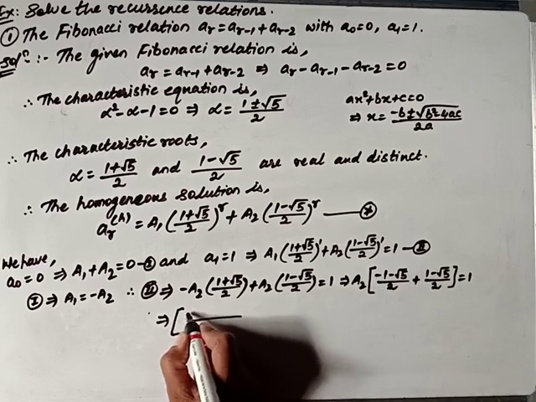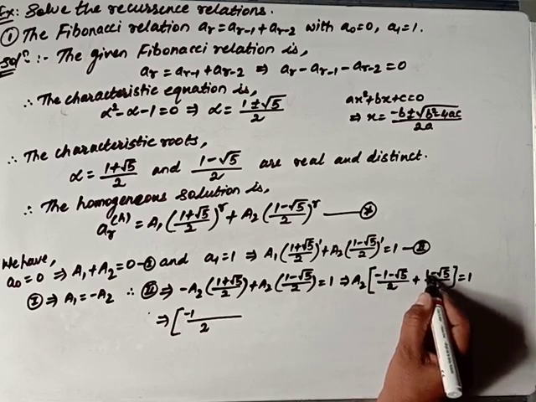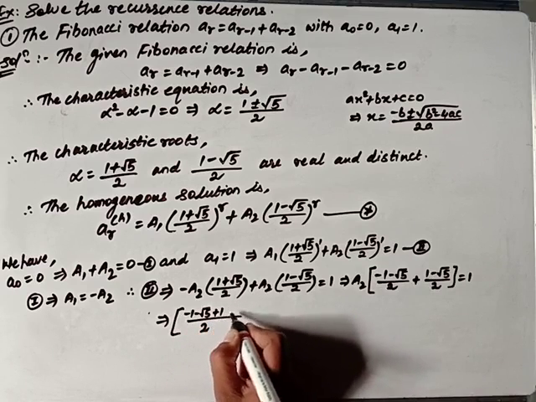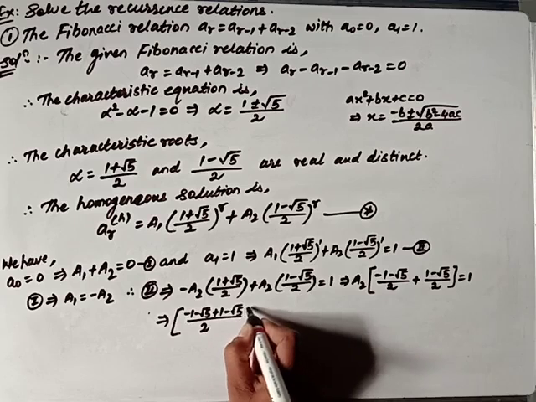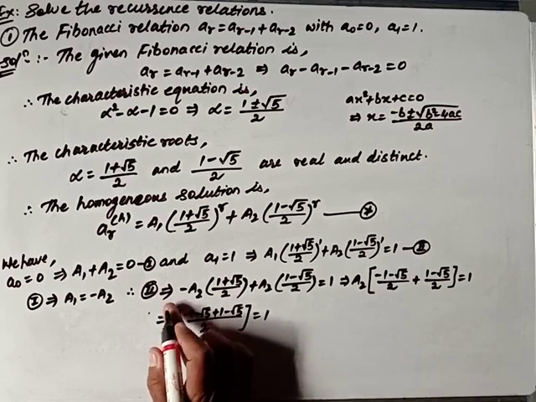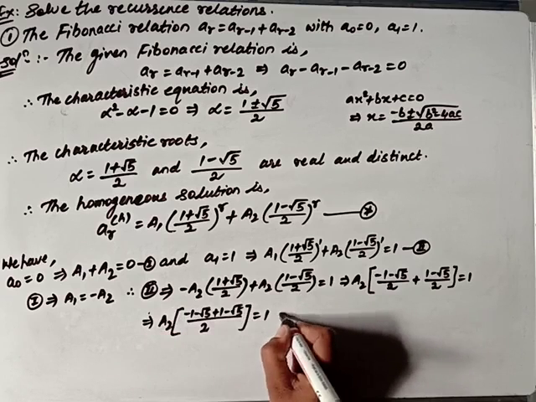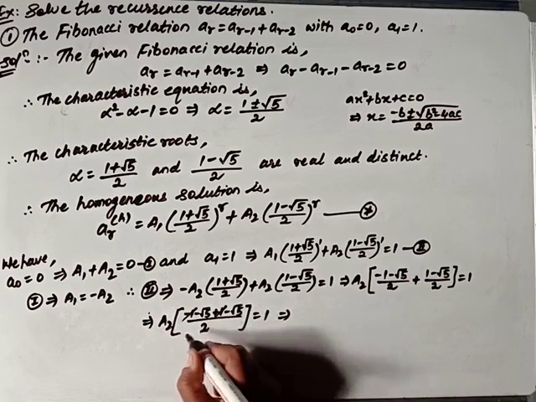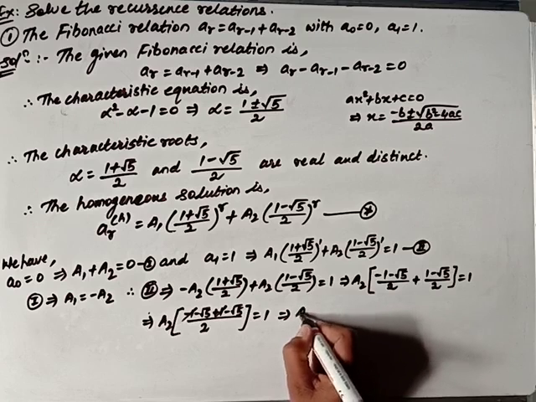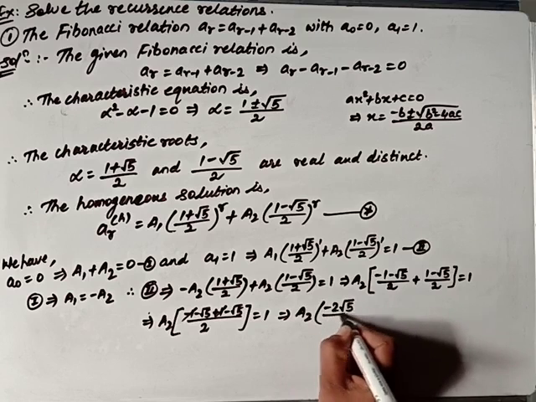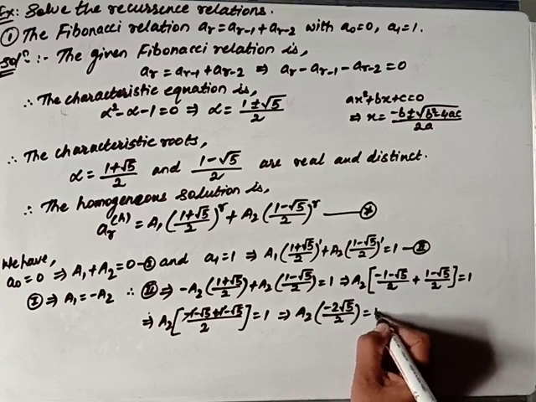The numerator will be minus 1 minus root 5 plus 1 minus root 5. Now this 1 and minus 1 get cancelled. So this will be A2 into minus 2 root 5 upon 2, that is equal to 1.